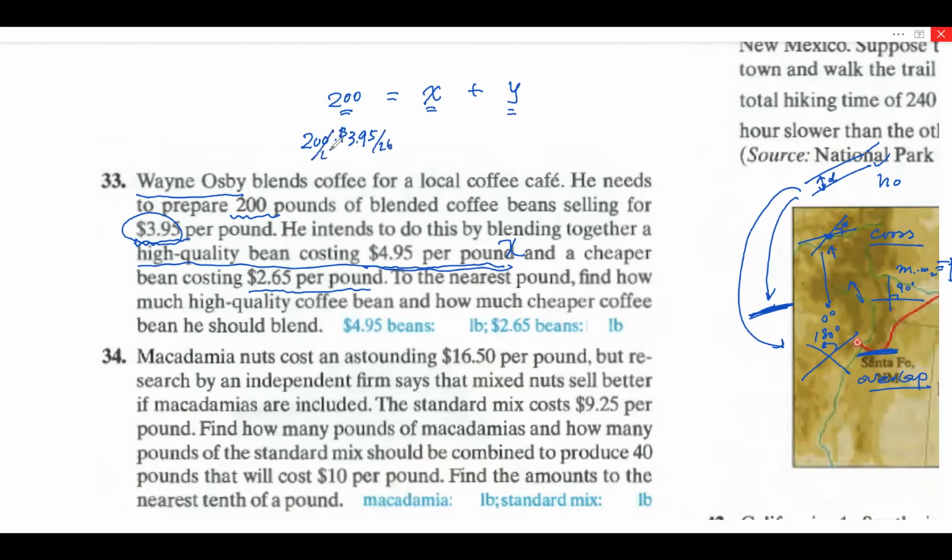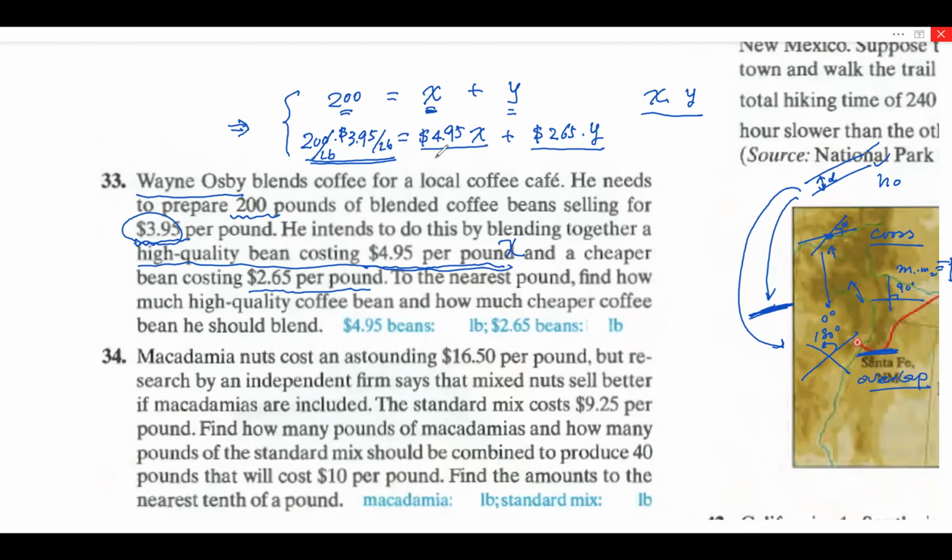With X pounds, this is 4.95X, and the other is 2.65 times Y pounds. The money spent here and here totals the same, so we build this kind of equation. We need to find X and Y, so I focus on how to build this equation system.